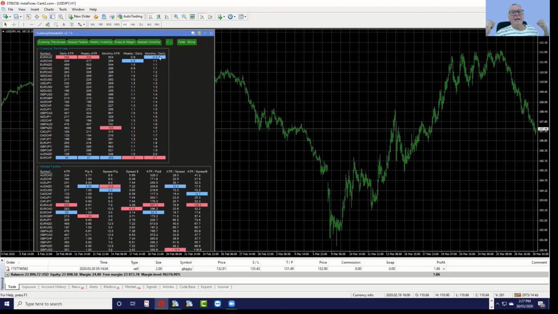And it's actually saying that although the volatility is high, the trendiness is actually quite low. It's just a funny concept to wrap your mind around. Anyway, there's a whole lot of other stuff that this EA provides regarding currency selection, and those are some of the things that we look at. Let's have a look if there's anything else.